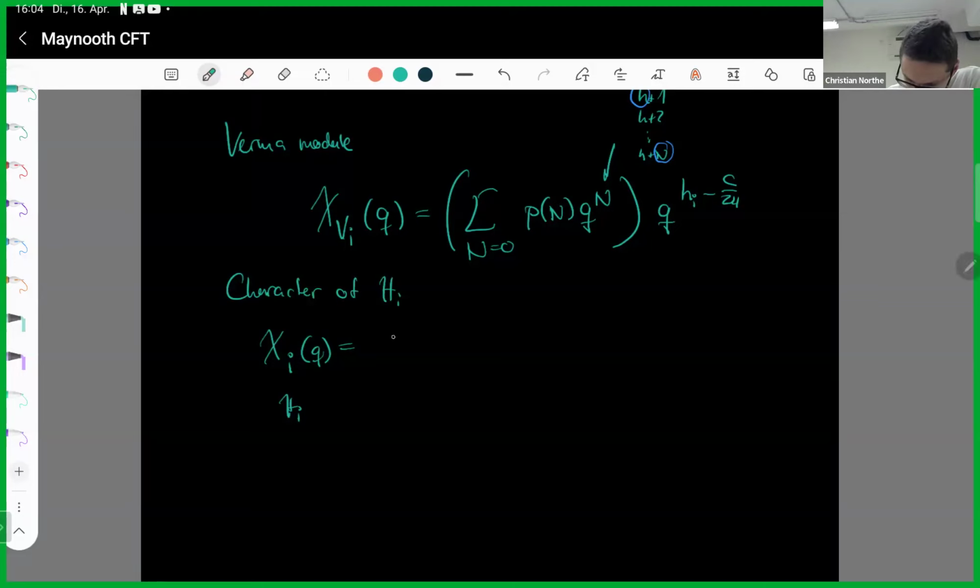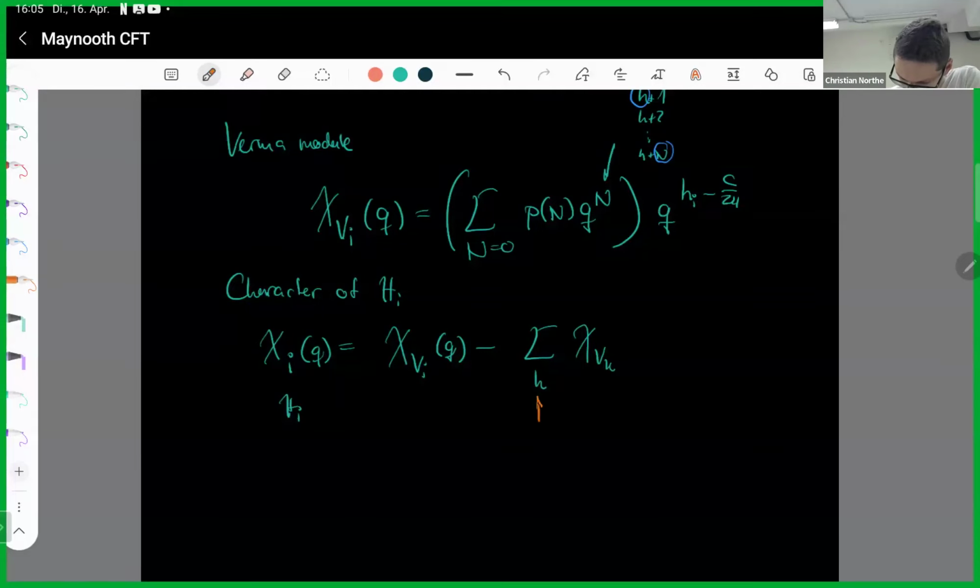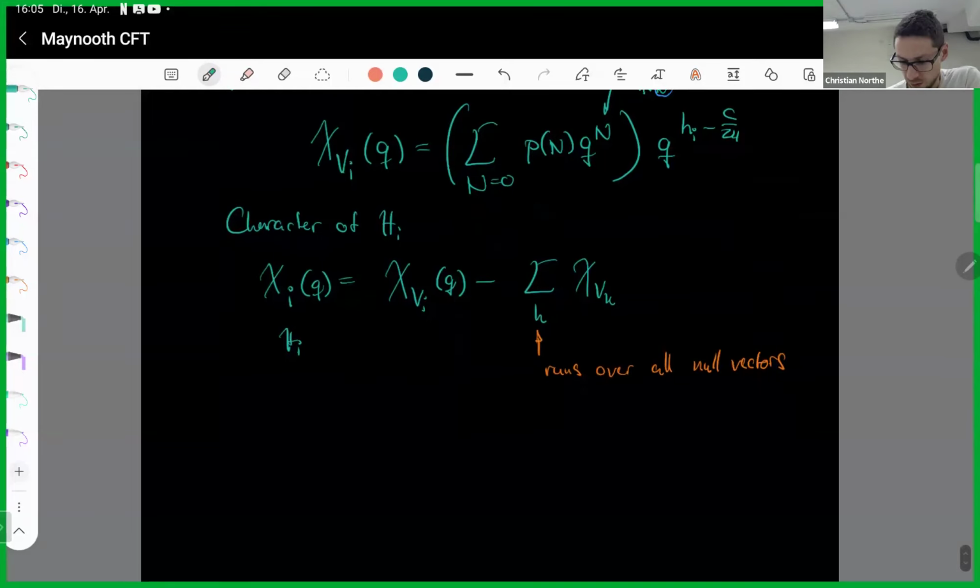What I mean is I'm going to take the character of the Verma module, counting all the states in there, and I'm going to subtract the characters of the Verma modules of all null vectors. So k runs over all null vectors. And this is how you count states for an irreducible representation of the conformal algebra.